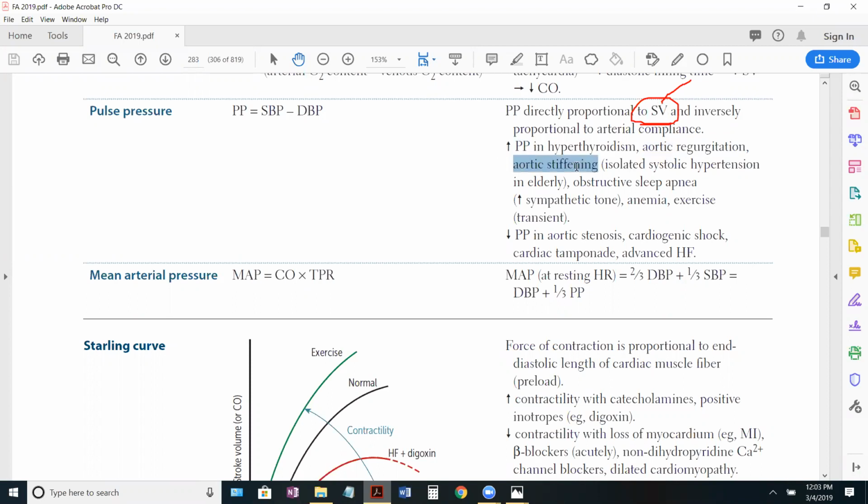So the aortic stiffening, if the aorta is stiff, what do you think? A stiff aorta has less compliance. Less compliance means more pressure.